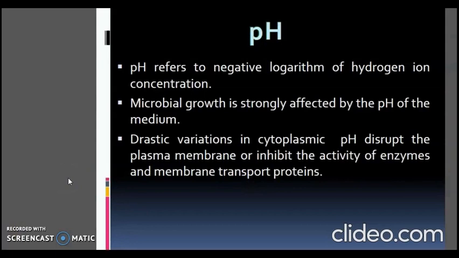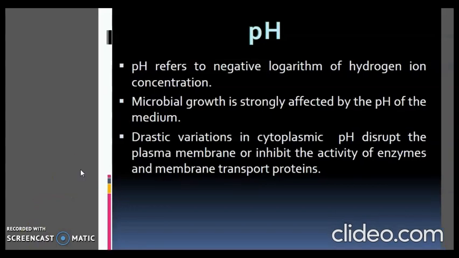The next factor that determines the microbial growth is pH. pH refers to the negative logarithm of hydrogen ion concentration. Microbial growth is strongly affected by the pH of the medium. Drastic variation in cytoplasmic pH disrupts the plasma membrane or inhibits the activity of enzymes and membrane transport proteins of the microorganisms.